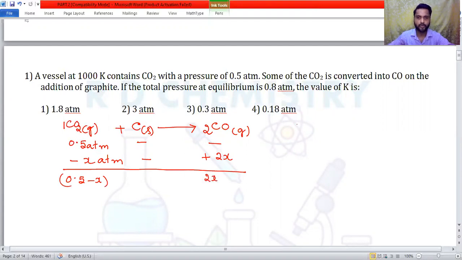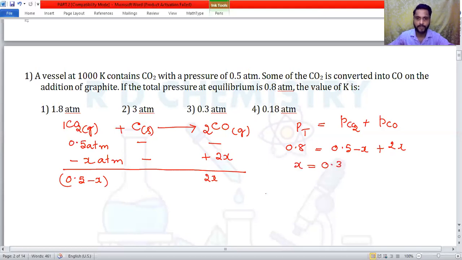So we'll calculate the total pressure now. Total pressure is equal to the partial pressure of carbon dioxide plus the partial pressure of carbon monoxide. Given total pressure is 0.8 atmosphere, carbon dioxide is 0.5 minus X, carbon monoxide is 2X, and we get X value equal to 0.3.